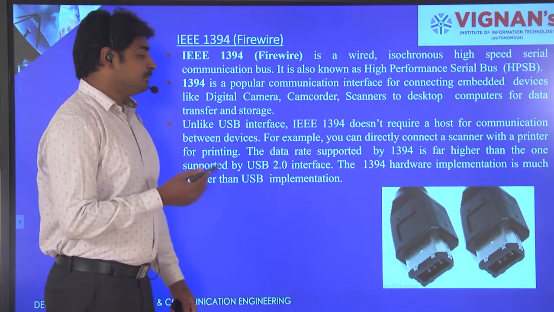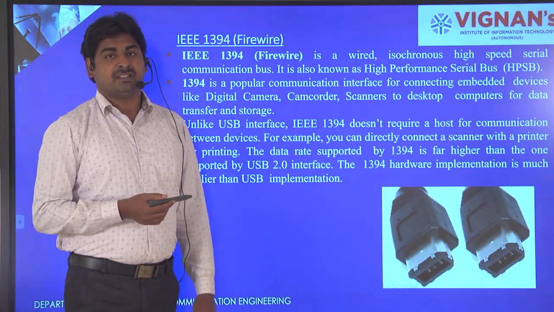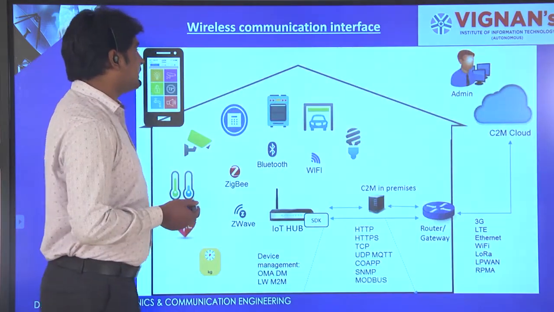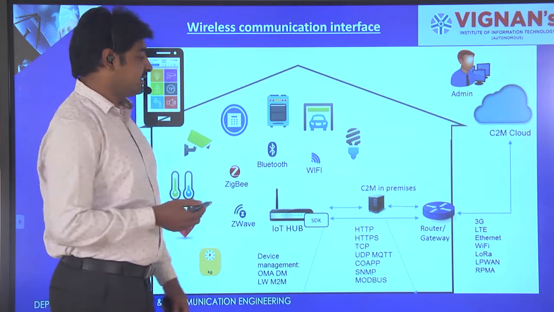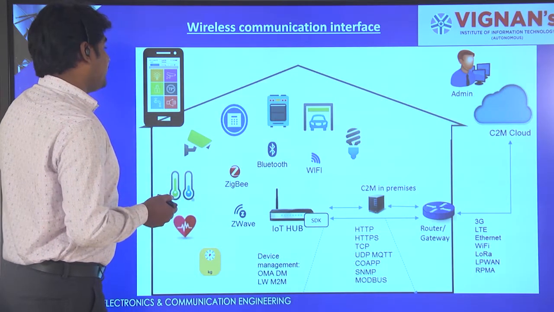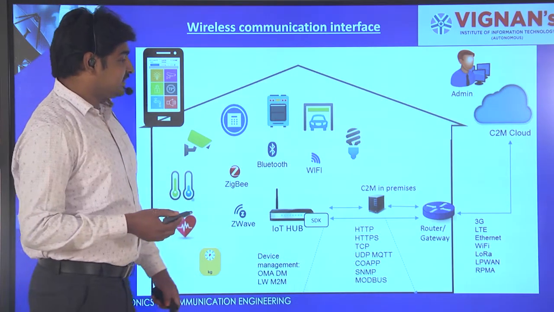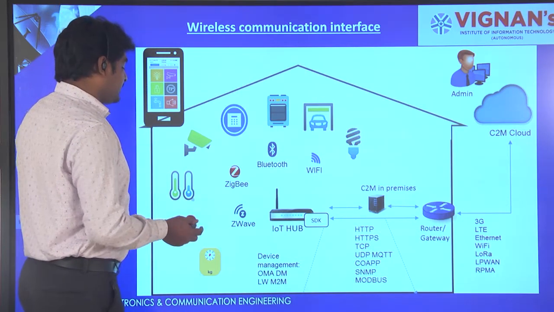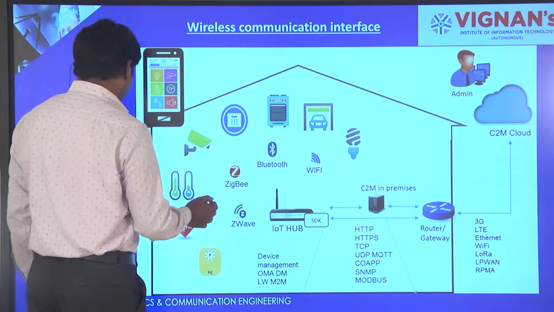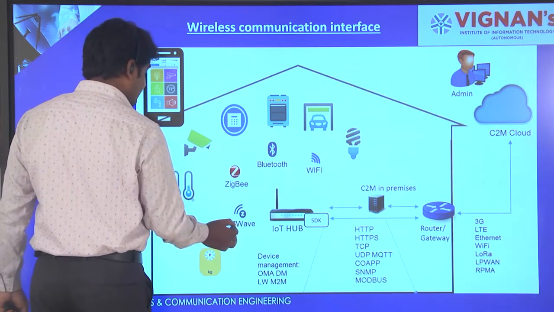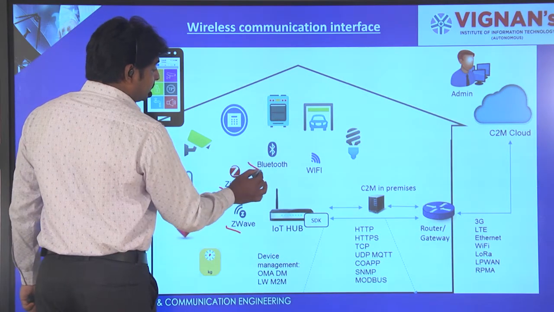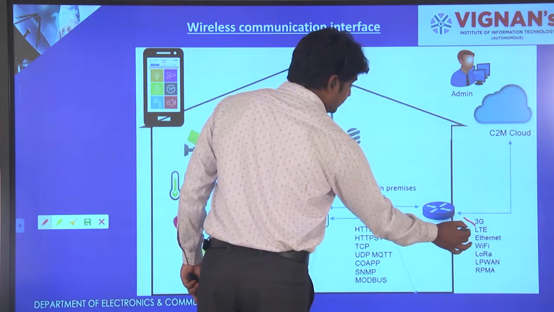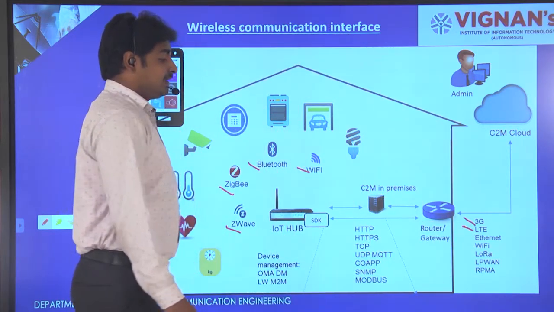So that is about wired external communication interfaces. Now let us learn about wireless communication interfaces. Through wireless also, an embedded system can communicate with the external world, and some of the wireless communication interfaces are Z-Wave, Zigbee, Bluetooth, Wi-Fi, 3G and GPRS.